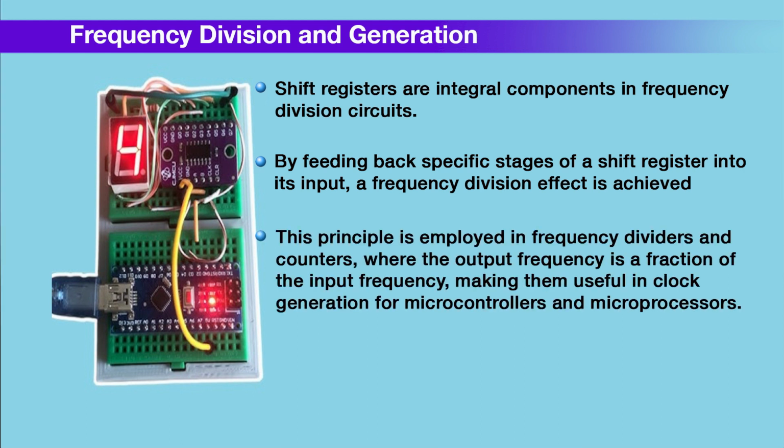This principle is employed in frequency dividers and counters, where the output frequency is a fraction of the input frequency, making them useful in clock generation for microcontrollers and microprocessors.